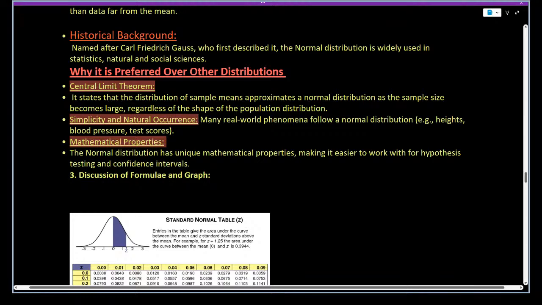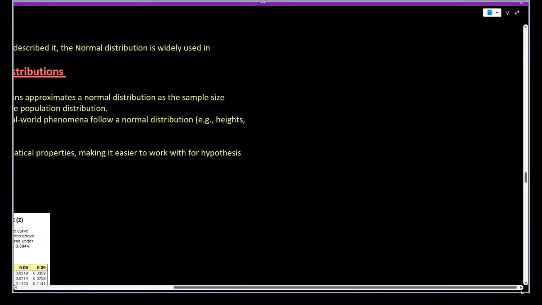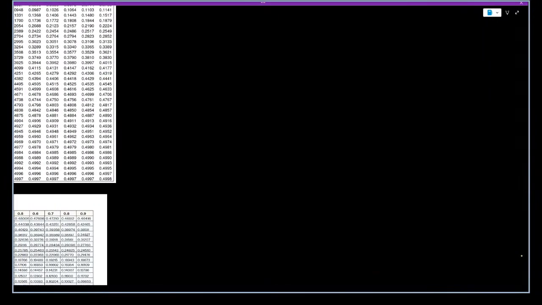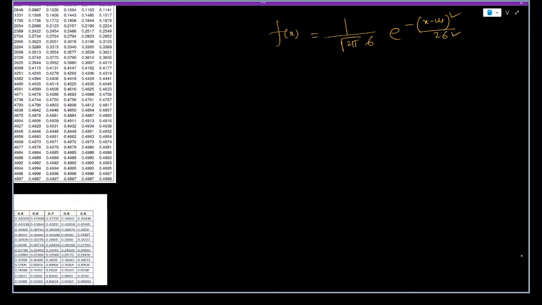Okay. Now I have to discuss what is normal distribution. Step by step I am going to explain. The normal distribution is given by the probability density function f(x) equal to 1 by root 2 pi sigma, e to the power minus (x minus mu) whole square by 2 sigma square.